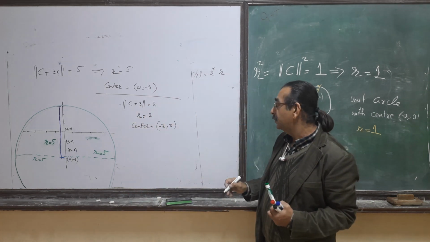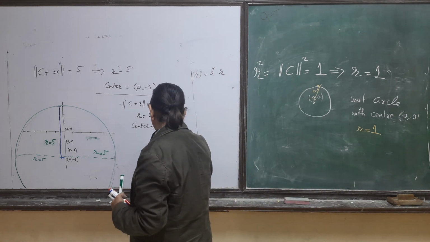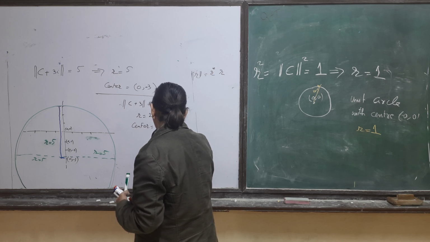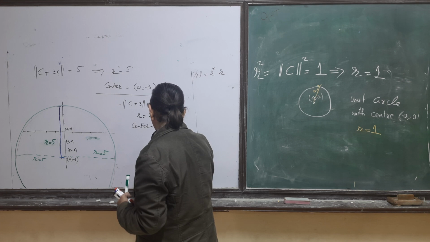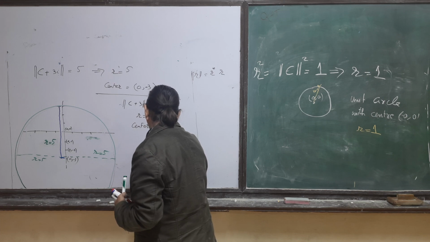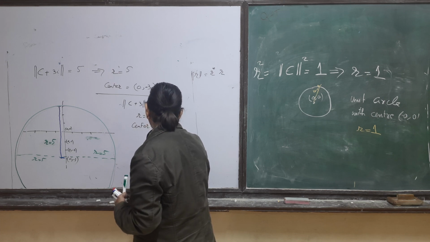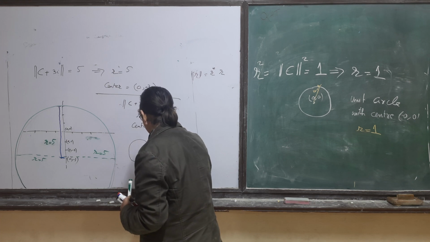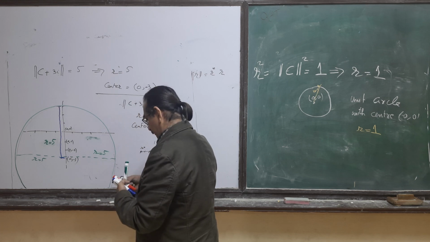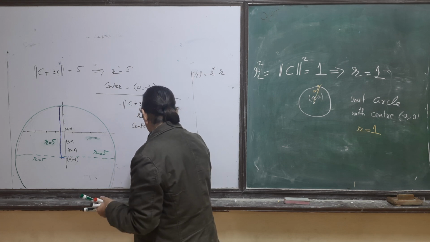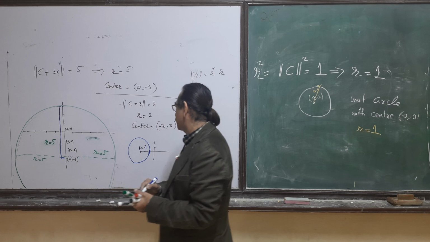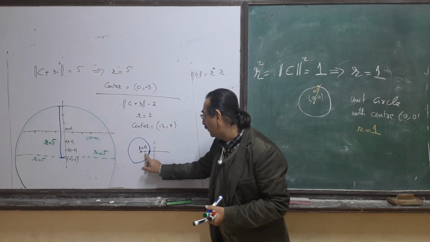Okay, got it. So in this case, 0 to imaginary axis 0, 1, 2, 3, this will be the central point. -3, 0, and the circle will be of radius 1, 2.